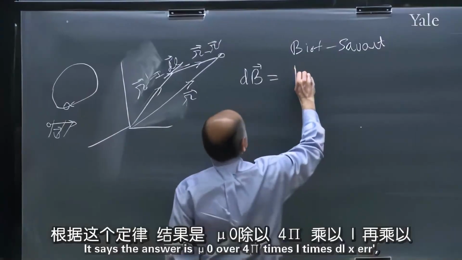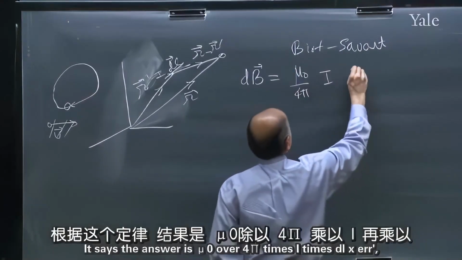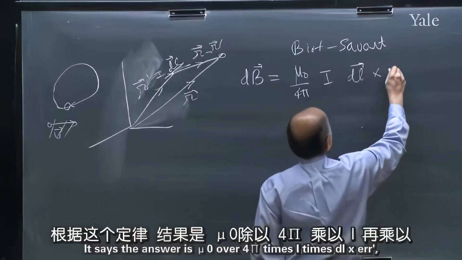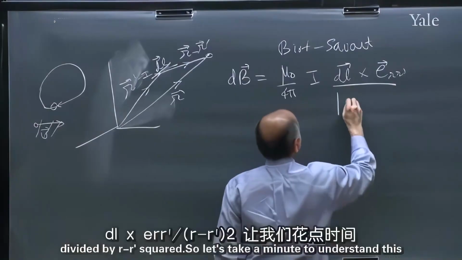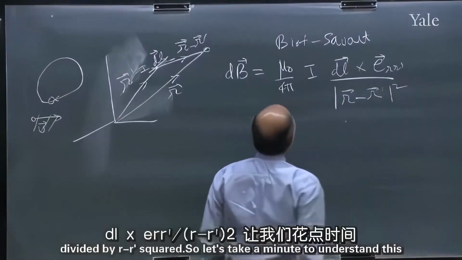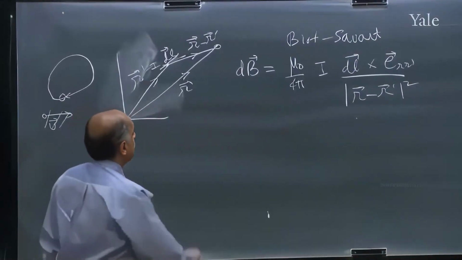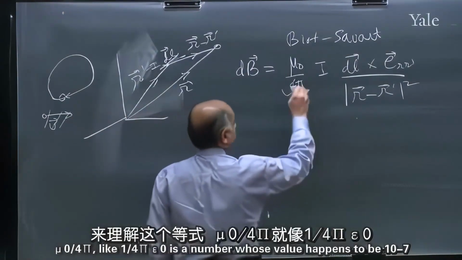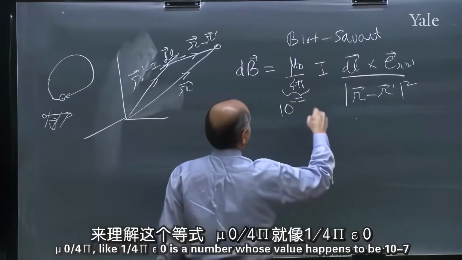It says this answer is mu 0 over 4 pi times I times dl cross e sub r prime, divided by the magnitude of r minus r prime squared. So let's take a minute to understand this. Mu 0 over 4 pi, like 1 over 4 pi epsilon 0, is a number whose value happens to be 10 to the minus 7 in the units we are using.